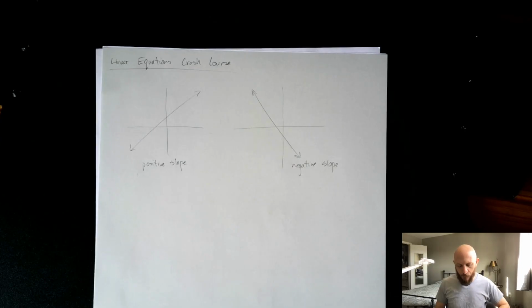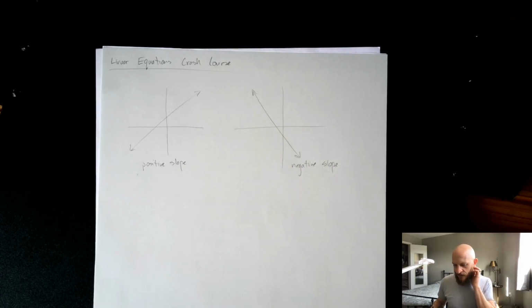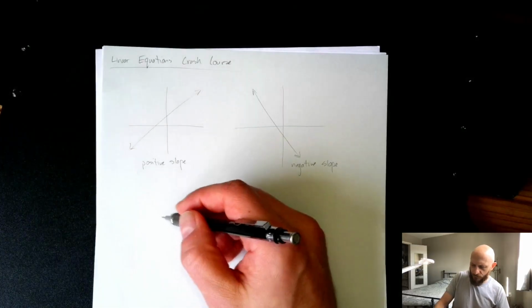So if slope is the defining characteristic of a linear equation, it would make a lot of sense that we should have some kind of formula to derive the slope of an equation. And to derive the slope, you're going to need 2 distinct points that lie on the graph.